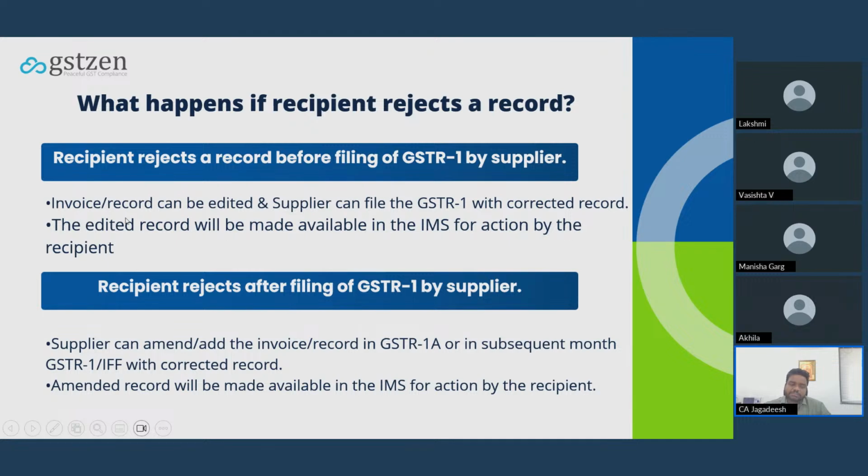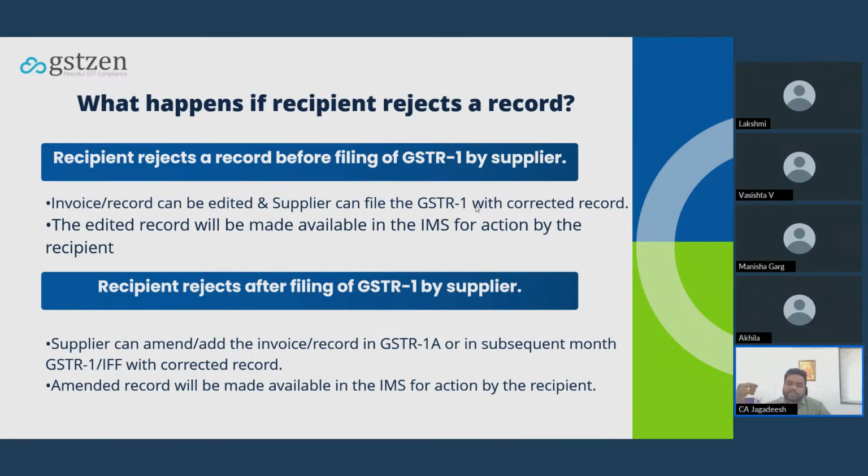I can ask my supplier to edit it, and the supplier can file GSTR-1 with the correct period. Since I rejected it before my supplier filed his GSTR-1, I can ask him to re-upload that invoice or edit it. If any edit is done by my supplier, it will come to my IMS again, and I can take an action in my IMS dashboard.